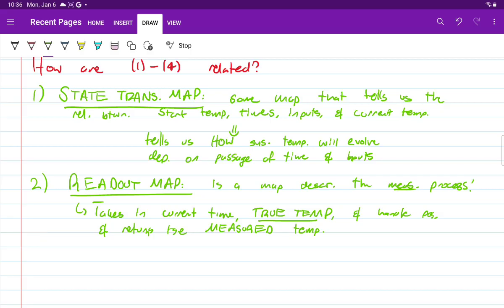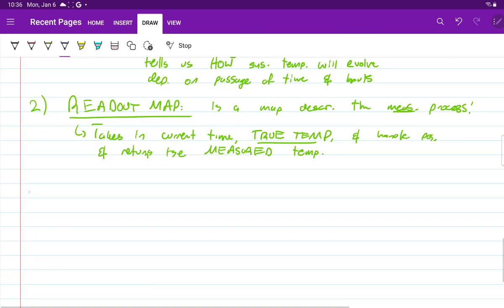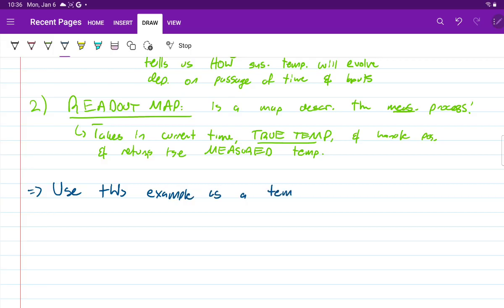So what was the point of all of this? Well, I want to use this example as a template for a very abstract definition of a dynamical system.